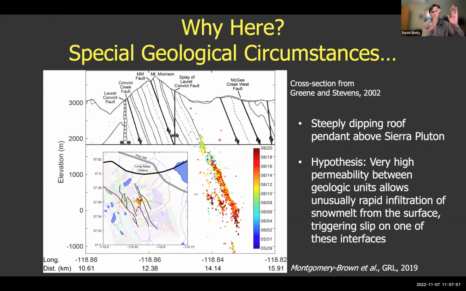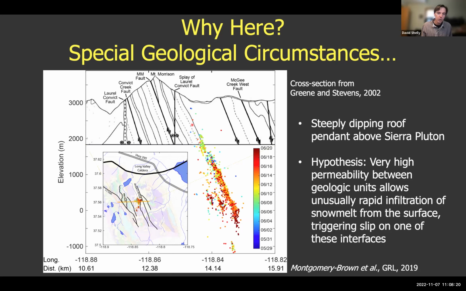These layers are tipped so that the bedding boundaries are steeply dipping, and these boundaries between the geologic units may have very high permeability that allows rapid infiltration of snowmelt from the surface.